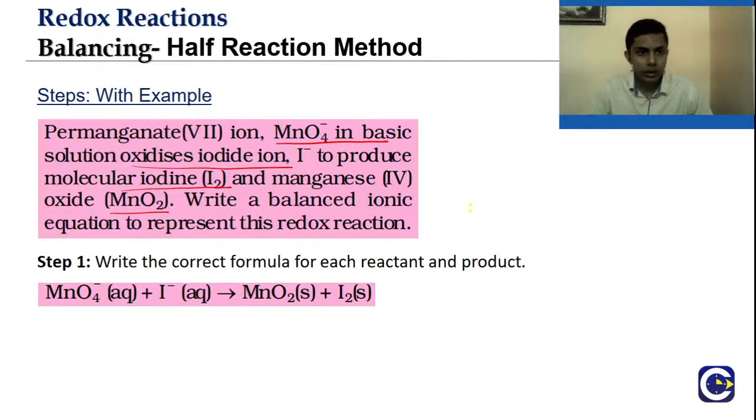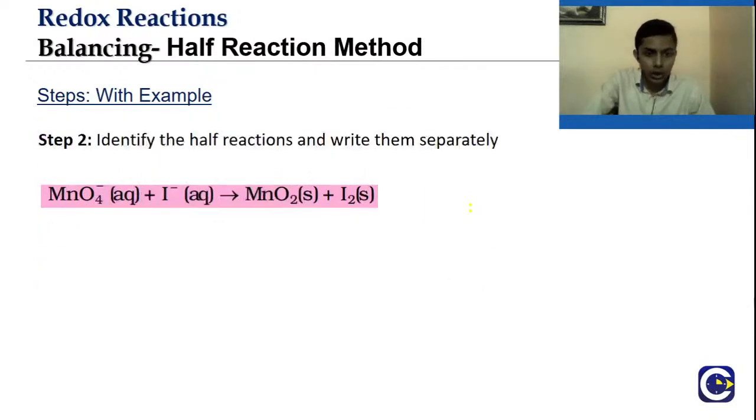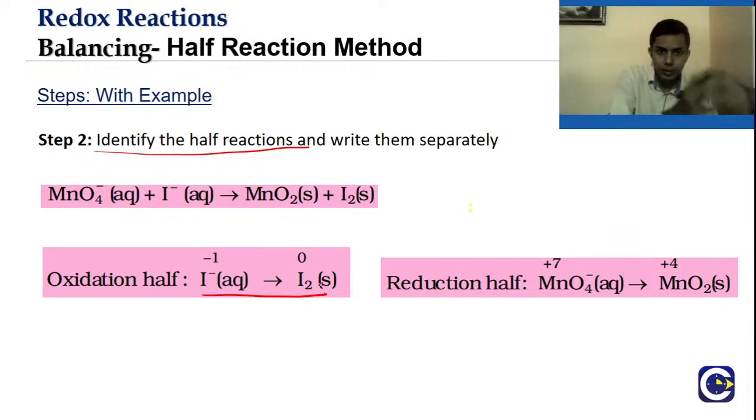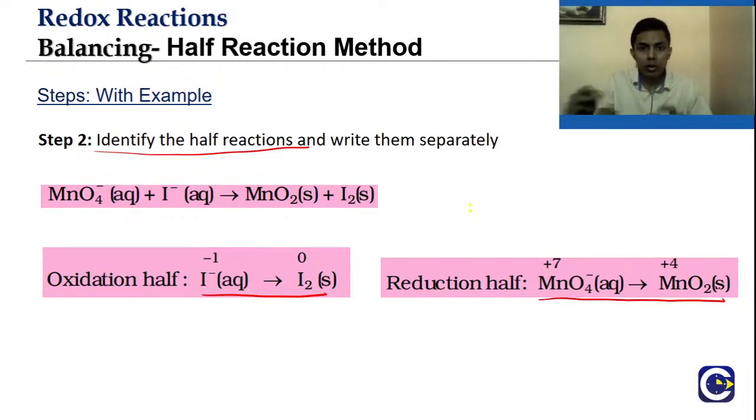Same as the first method, the oxidation number method, I will write down the equation as it is and find the oxidation numbers. After that, we convert it into half reactions. The oxidation reaction is I minus to I2, which I'll write separately. The reduction reaction is MnO4 minus to MnO2, which I'll write separately.